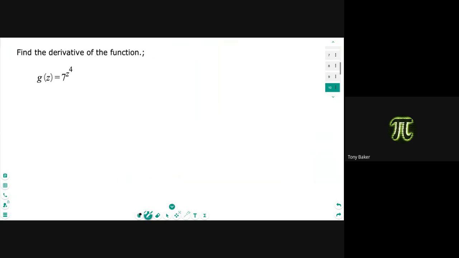All right, this one, you have to do the chain rule for. So my u is going to be the z to the 4th, so it's u prime. And then I have 7 to the u, which goes to what?